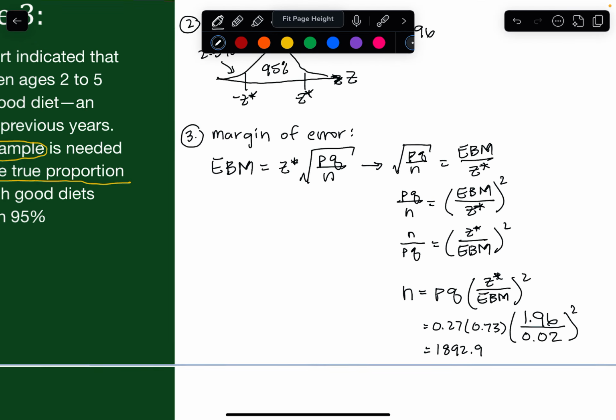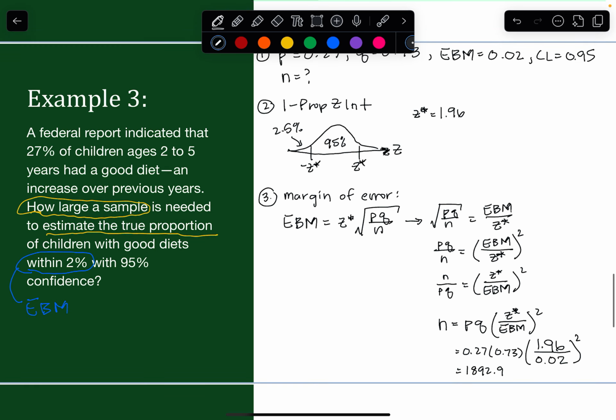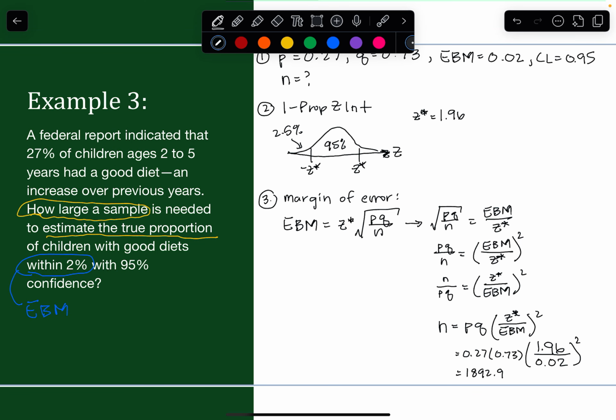I'm going to zoom out here. I know that I cannot sample 0.9 of a child. That's not great.